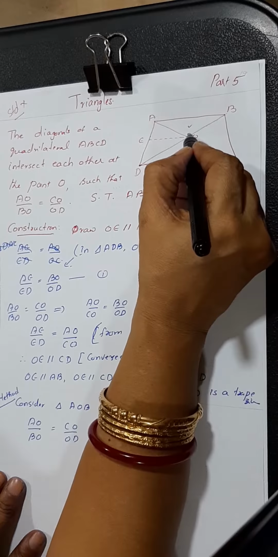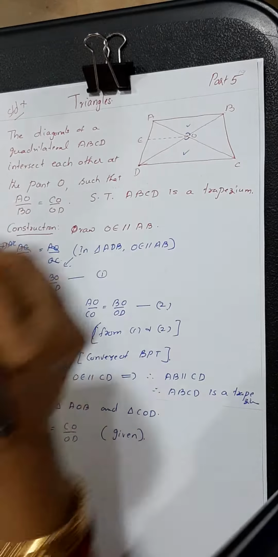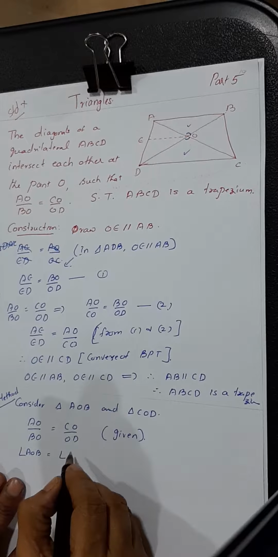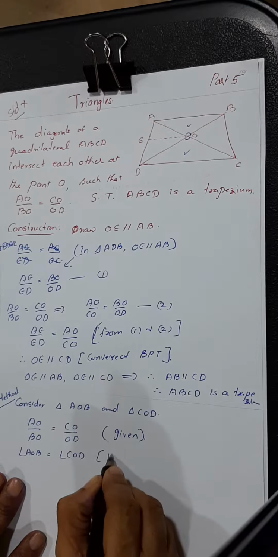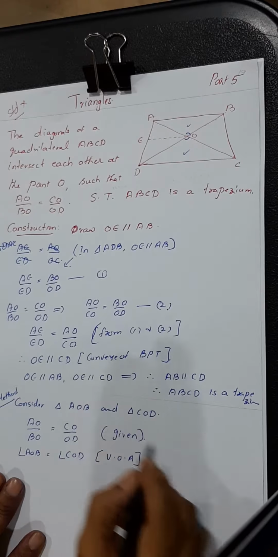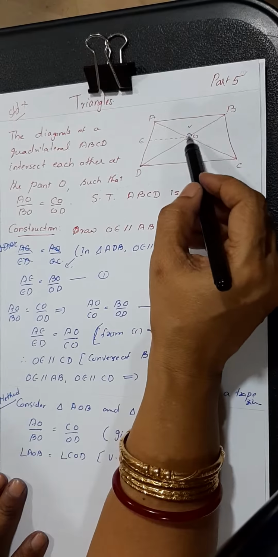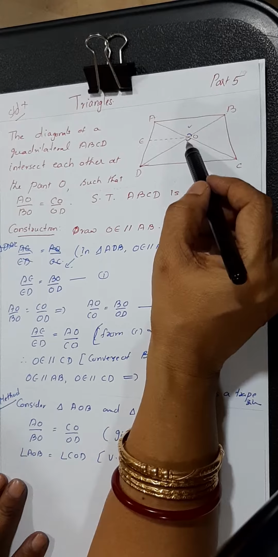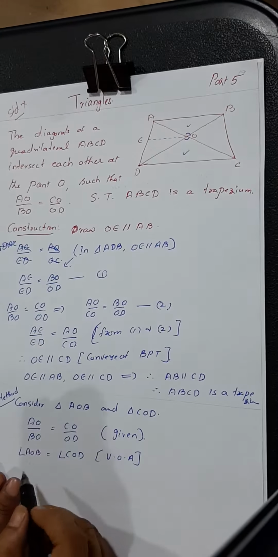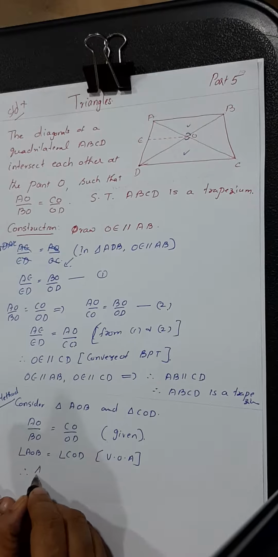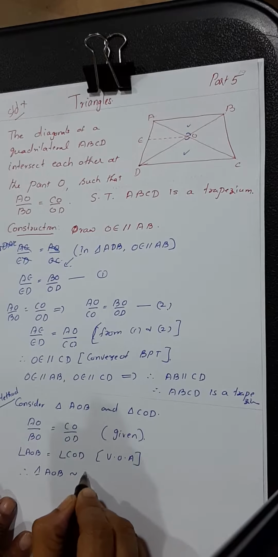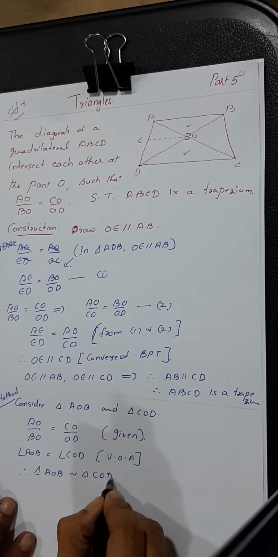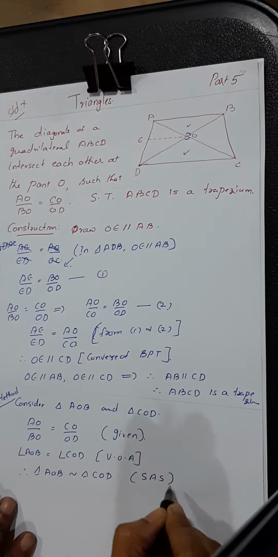Now we have these two angles the same: angle AOB is equal to angle COD, vertically opposite angles. So now you can use the SAS criteria. The included angle is equal and the sides are proportional. Therefore, triangle AOB is similar to triangle COD, by SAS similarity.